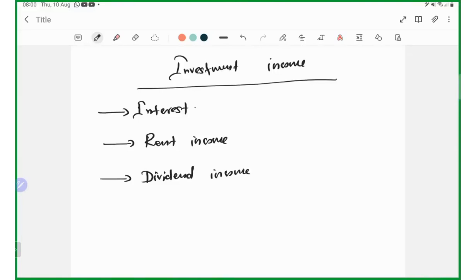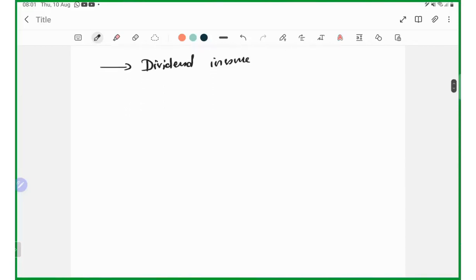Withholding tax. I will take the interest, dividend, and rent income, and I will discuss them one by one. First of all, I will discuss interest. In your exam, the examiner will give interest on FD and interest on a foreign currency business unit.